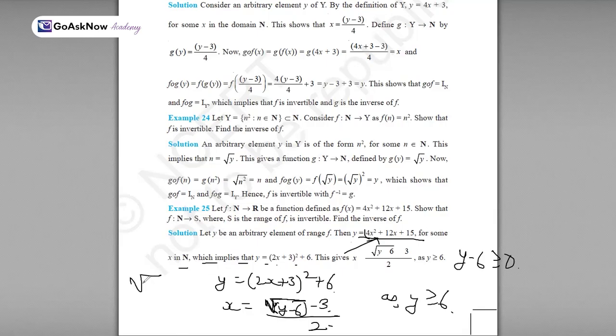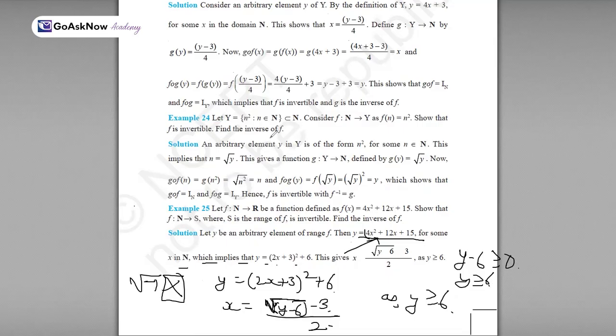If you have root of minus 1, then it is not a valid number, it is an imaginary number. We are dealing here with only real numbers, so this condition will be followed: y is greater than or equal to 6.